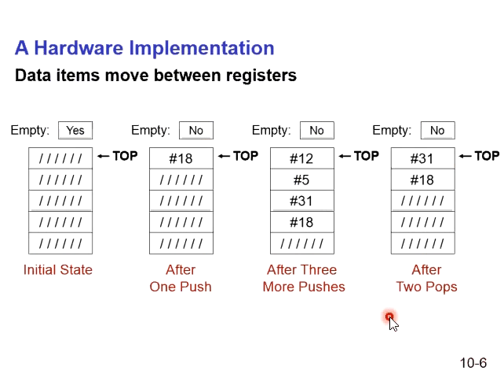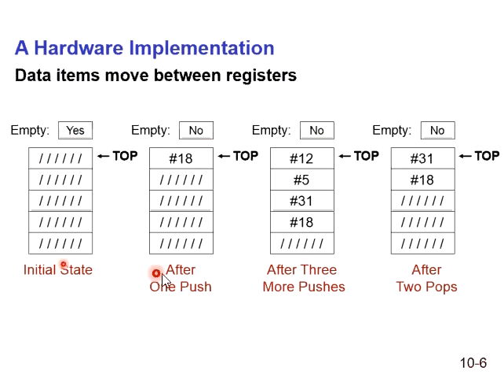And with the hardware implementation, you see the picture like this. You know, with data items moving between registers, you have 4 states. The first, the initial stack, and you see over here you can use a variable, and when it's yes, that means it's empty at first, before putting in.